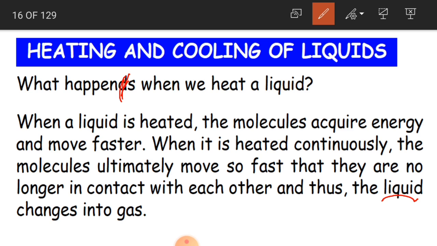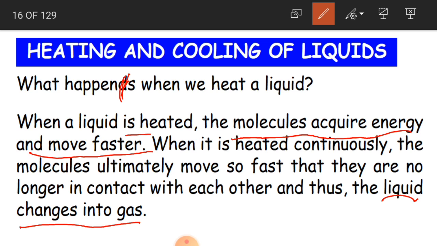What happens when we heat the matter? The liquid form is going to change into gas. When a liquid is heated, the molecules acquire energy and move faster. We have learned that we have molecules in the matter, and when these molecules are heated, they are going to get more energy.